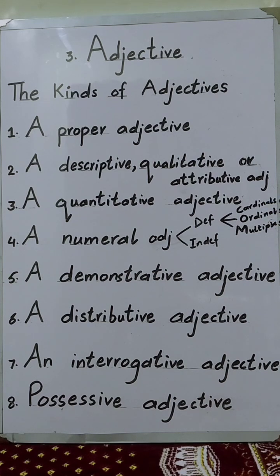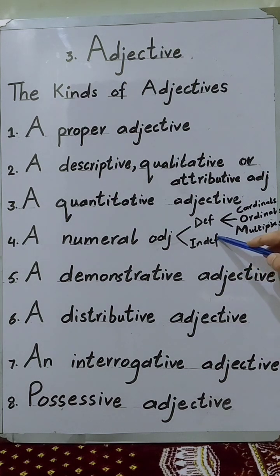Cardinals means like 1, 2, 3, 4. Ordinals, first, second, third, fourth. Multiples, one only or a single. Twofold, double. Threefold, triple. Fourfold, quadruple.